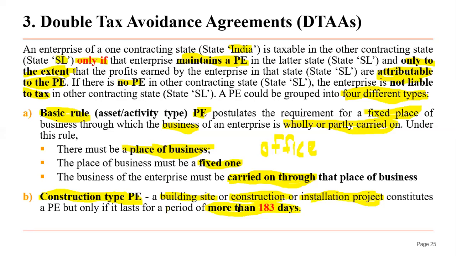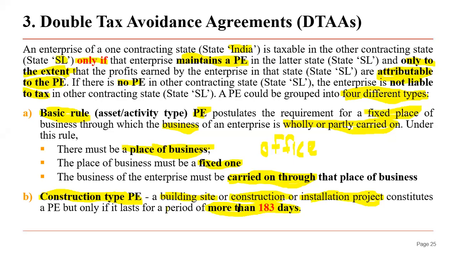The examiner might give different scenarios for you to analyze. They are doing construction, this kind of activity, whether they are liable to tax, they are coming from China and doing the business here. You can evaluate the scenario and see whether they are exceeding 183 days or 6 months, more than 6 months, then you can decide quickly.